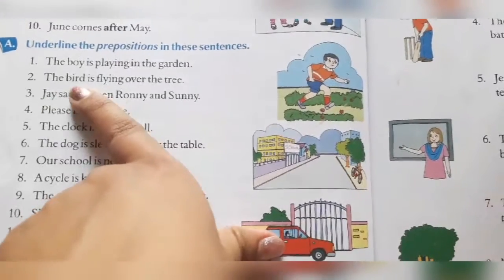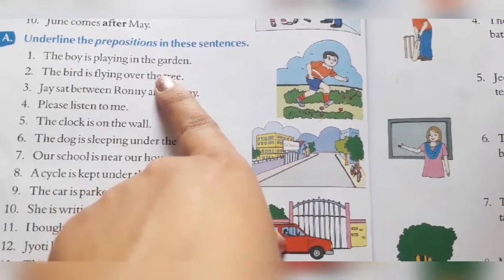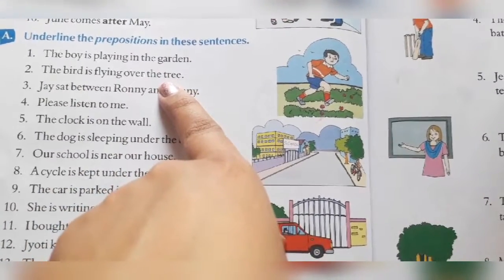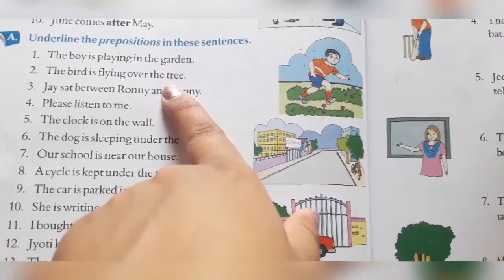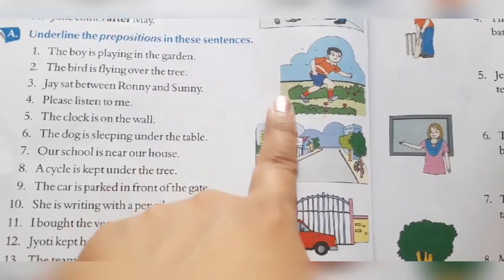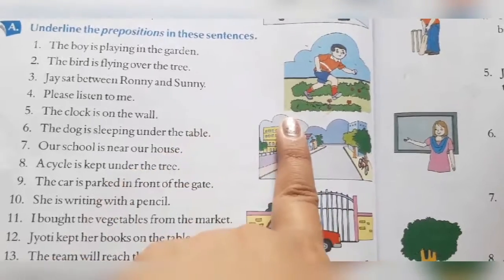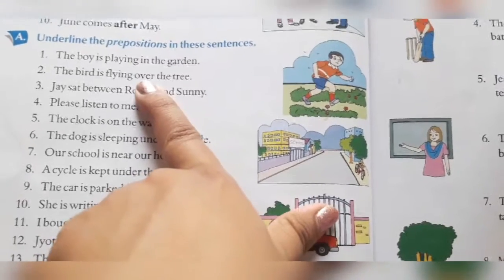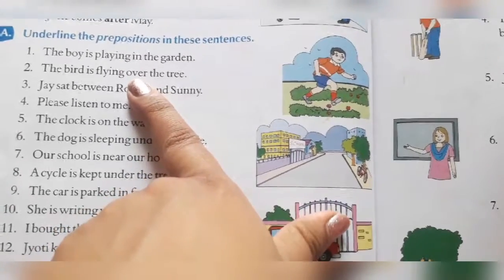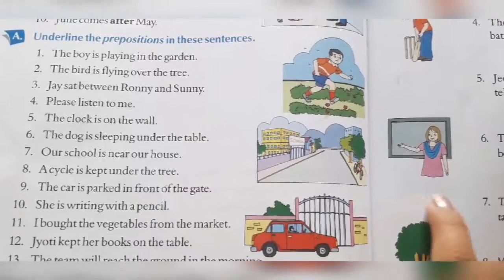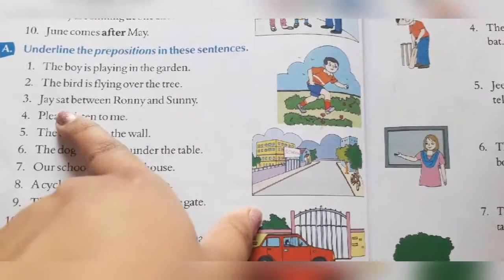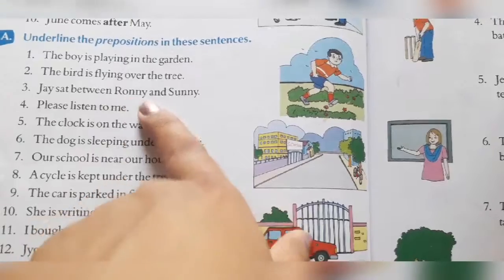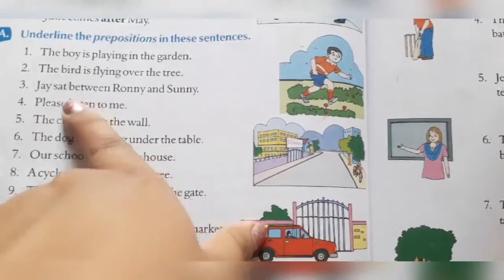Number 2, the bird is flying over the tree. As I said earlier, when anything flies over, means above the surface of the tree, we use over. ट्री के ऊपर नहीं है पर ट्री के ऊपर से गुजर रहा है, right? Over the tree. Jay sat between Ronnie and Sunny.